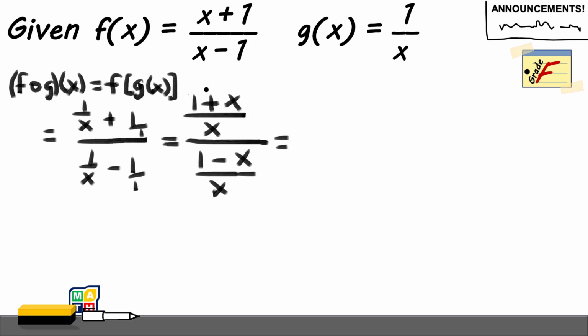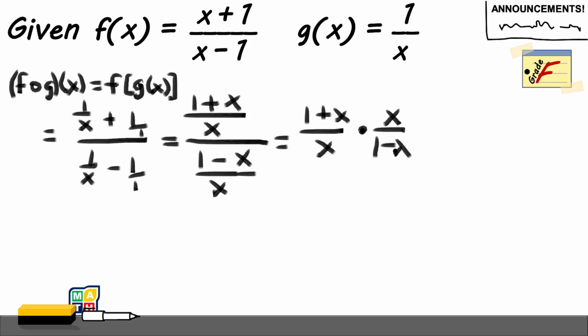Okay, we're going to keep the numerator, keep 1 plus x over x. Instead of division, we'll have multiplication and flip this. Because this is division of two rational expressions, or in other words, division of two fractions. So keep, change, and flip this. You have x over 1 minus x.